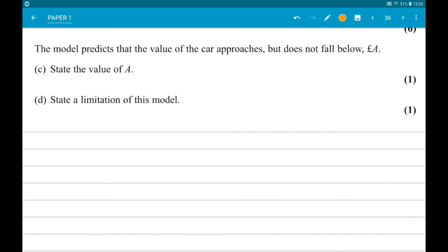So all that will be left is 2,300. So it's never going to get there, because the exponential will never be 0, but it will get incredibly close. So A is £2,300.